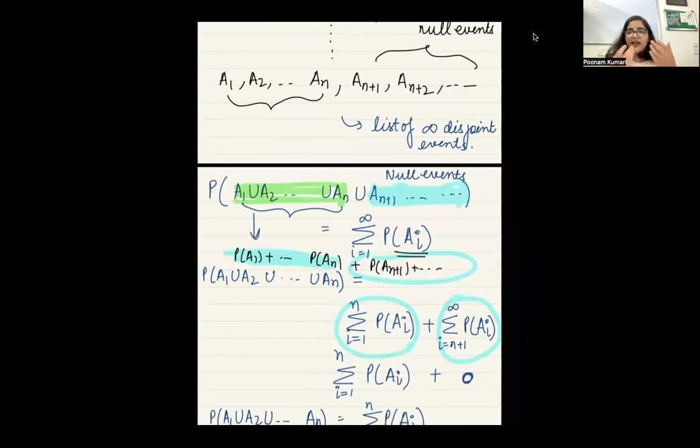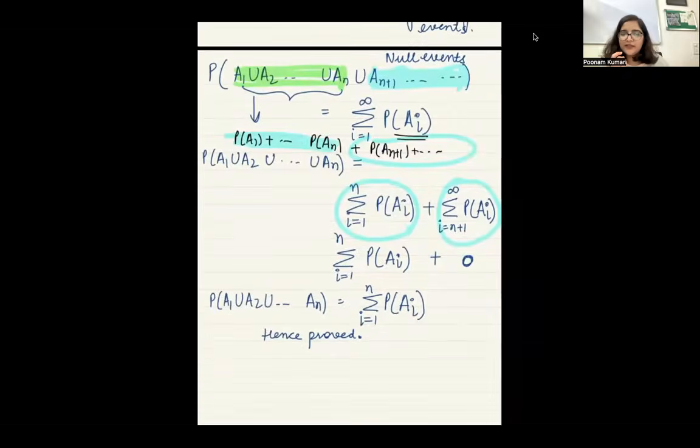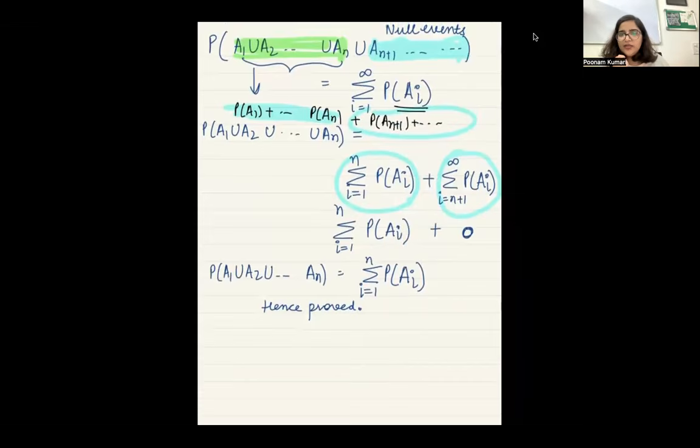So yes, it's only applicable in the case of phi. We use phi so that we can use what we have proved, that the probability of phi is 0. Otherwise I have no other option, because I can't assume anything else.